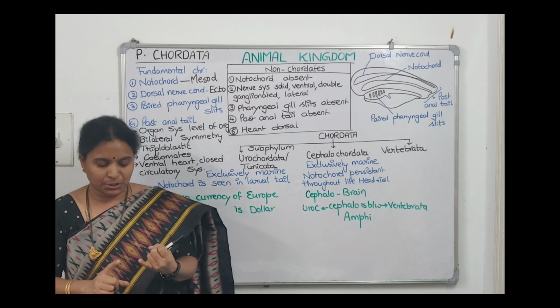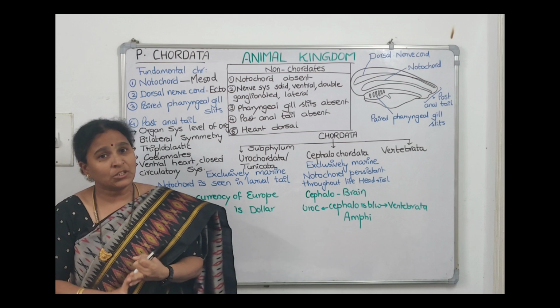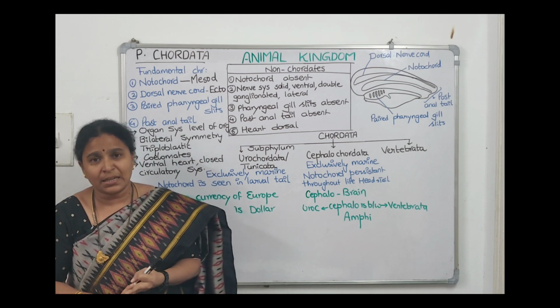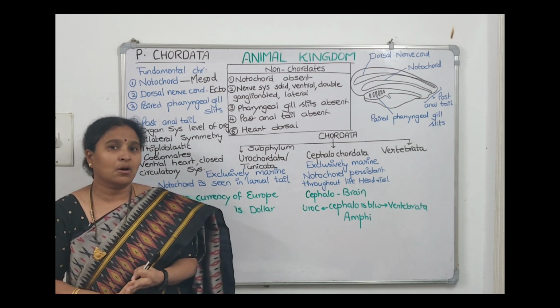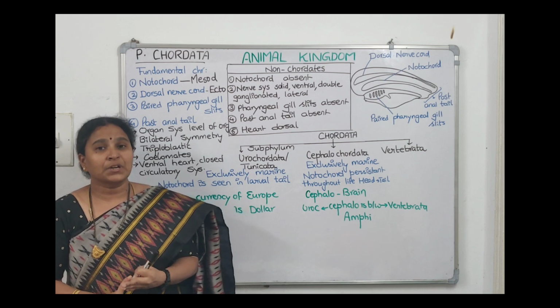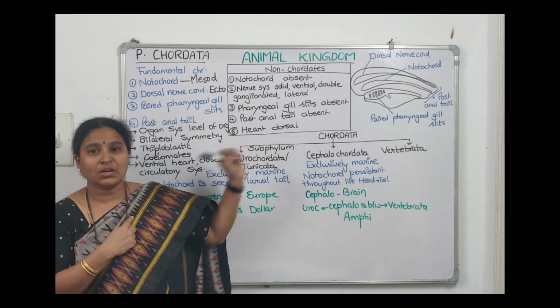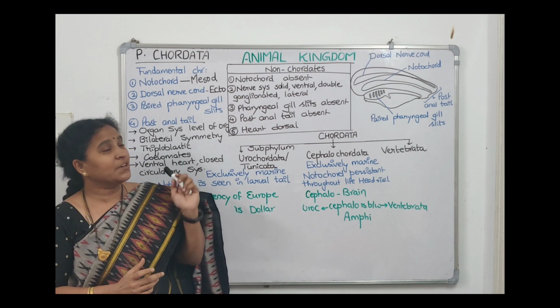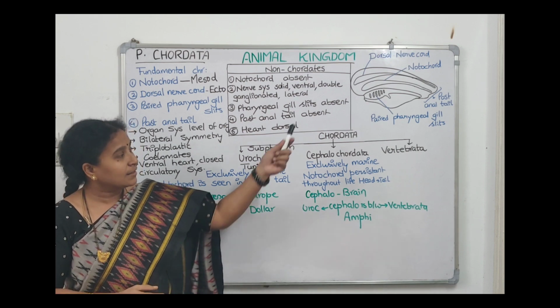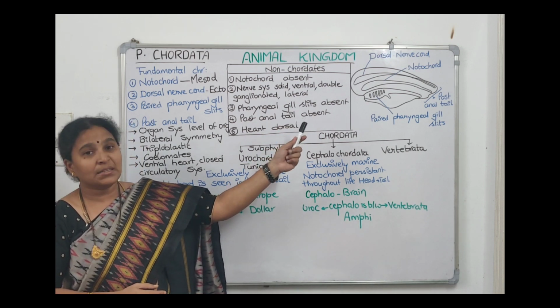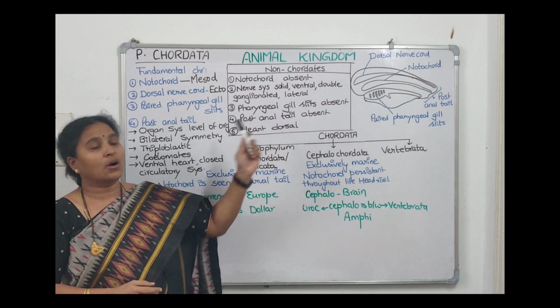These four are absent: notochord, pharyngeal gill slits, post-anal tail. And coming to the nerve cord, you have to tell all opposites of ours. And for us, heart is ventral, which means your heart is dorsal. So these are the differences between chordates and non-chordates, and that is a diagram which shows all the four typical chordate characters.